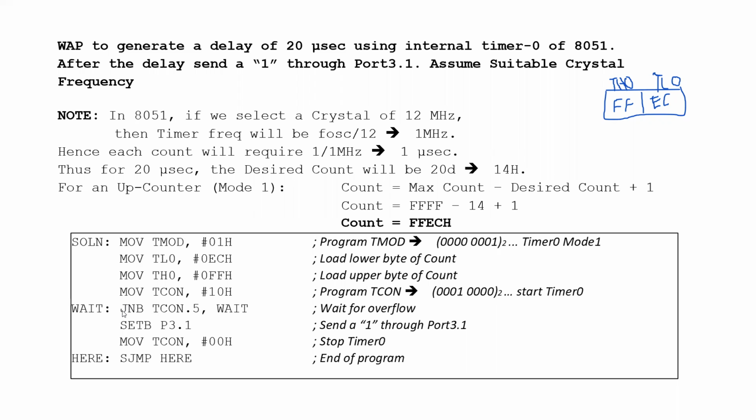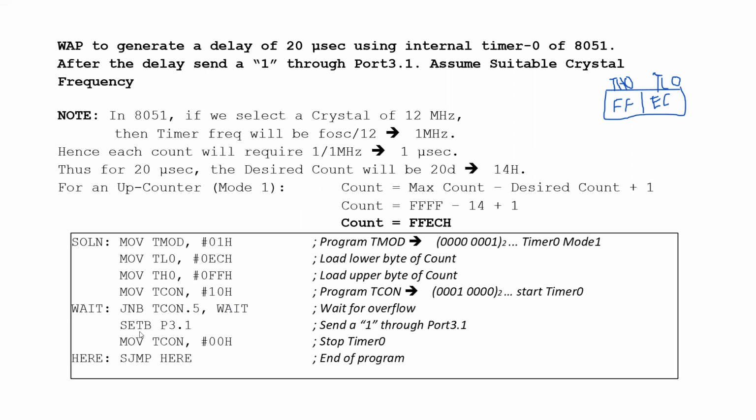This loop executes until TCON.5 is set. When an overflow occurs, TCON.5 is set, and then it goes to the next instruction. Till the overflow occurs, TCON.5 is 0, so this instruction is executed repeatedly until TCON.5 is set.